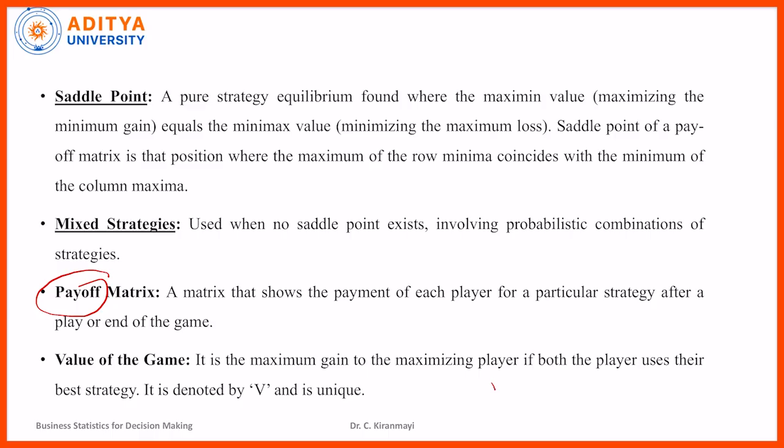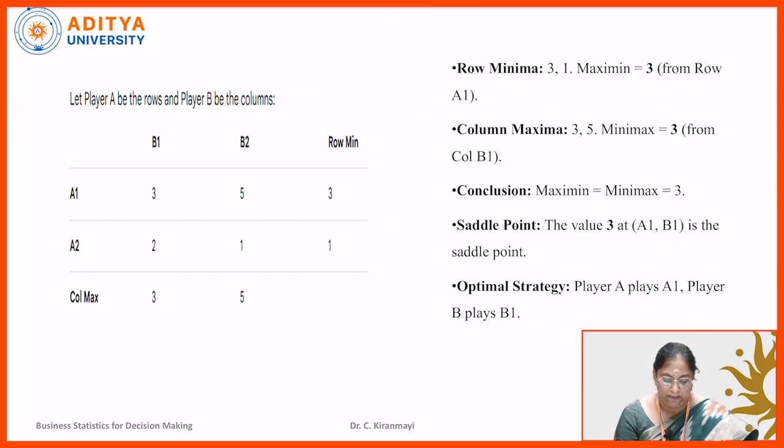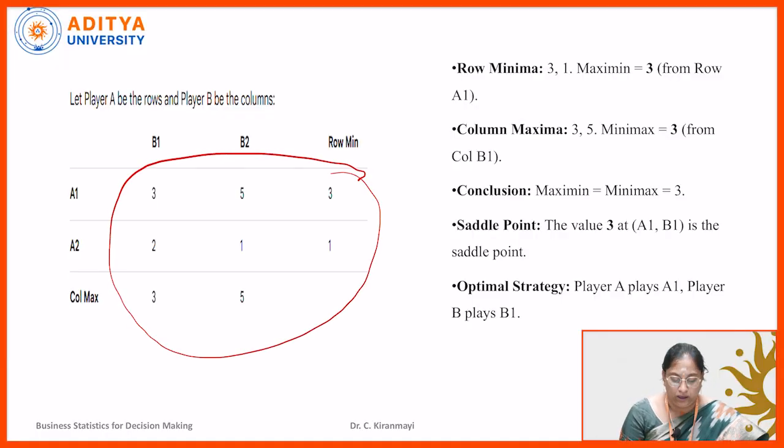Say, for example, player A might be using strategies 1, 2, 3. Player B also might be using strategies 1, 2, 3. Suppose player A uses the first strategy against the first strategy of player B, he makes, say for example, if I write here 4, I will explain with some examples. See, if we look at this particular matrix, okay, here 3, what is this 3?